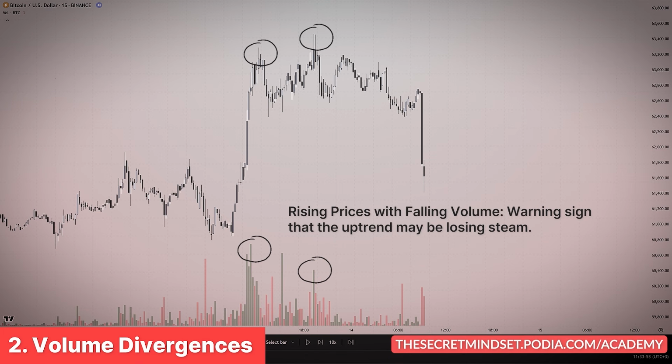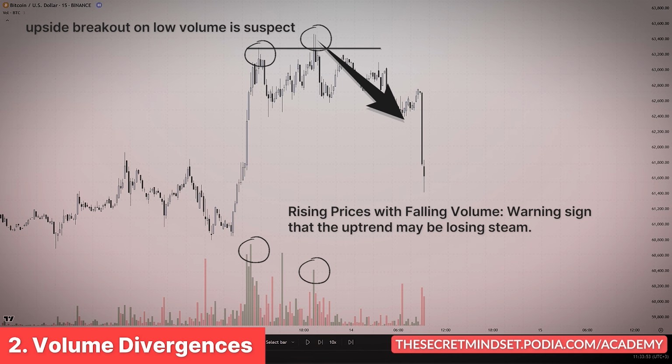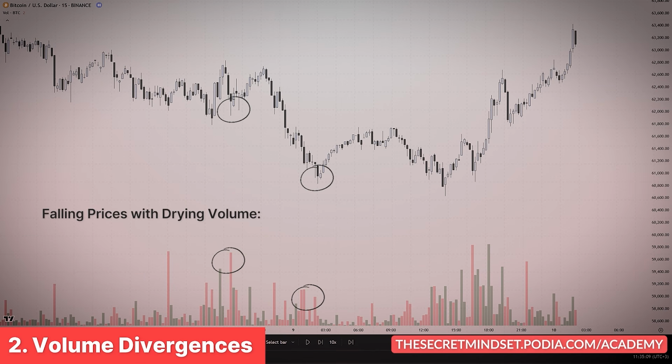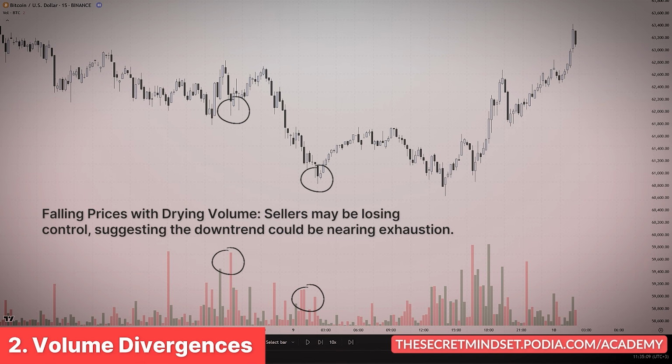If prices are rising but volume is falling, it's a warning sign. The uptrend may be losing steam. Buyers are less committed. An upside breakout on low volume is suspect. Likewise, if prices are falling but volume is drying up, sellers may be losing control. The downtrend could be nearing exhaustion.